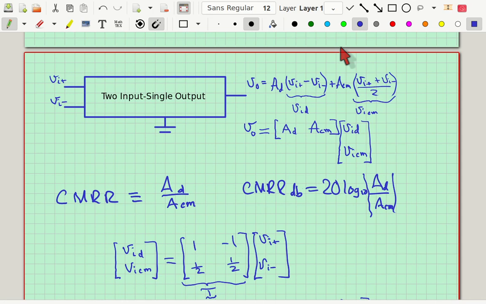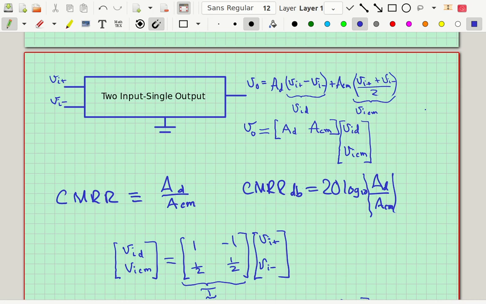And I would like to write it as a linear combination of the differential input voltage and the common mode input voltage. And we saw that knowing those two is equivalent to knowing the VI plus and the VI minus, as you can see even written in the equation on the right over here.